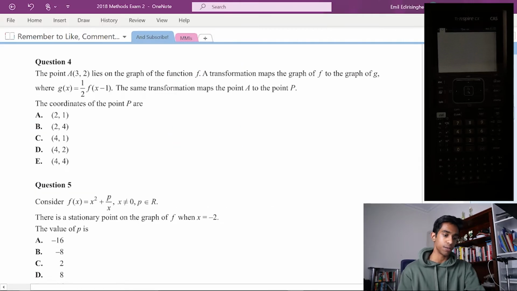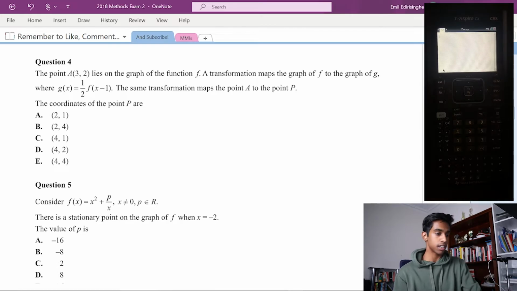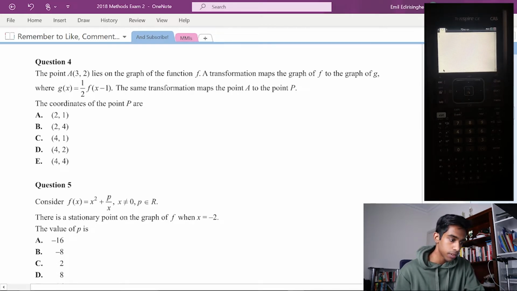Now we've got question 4, which is a transformation question. It asks us to find the point A once it's been transformed from the graph of f to the graph of g. They tell you that g of x is a half f of x minus 1.